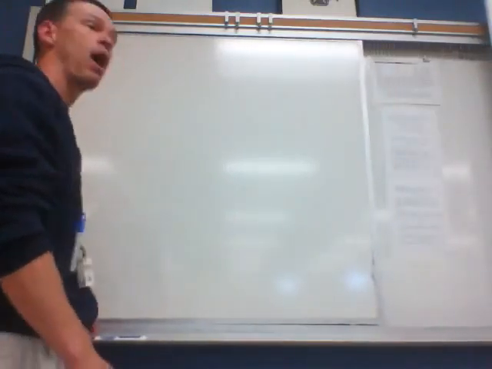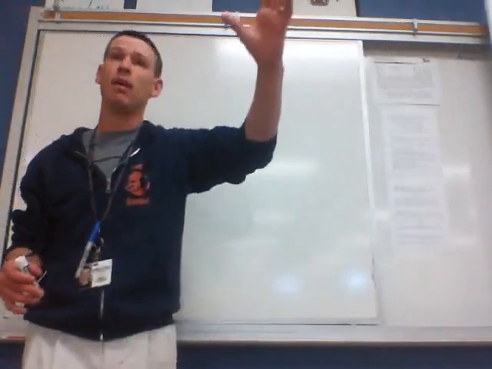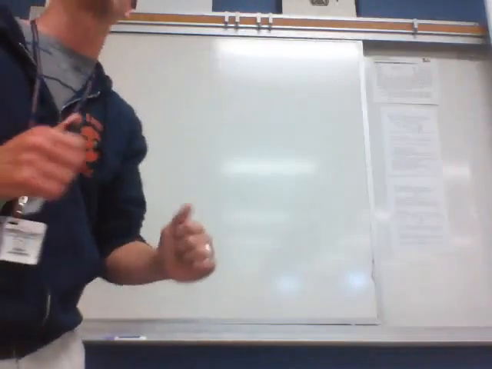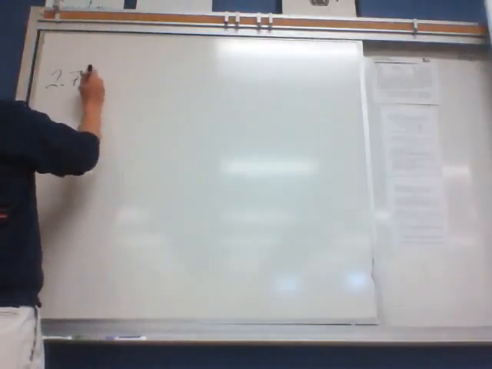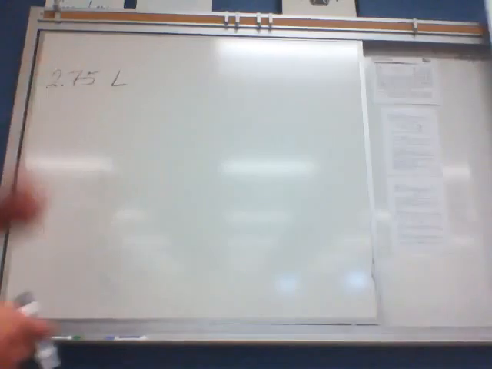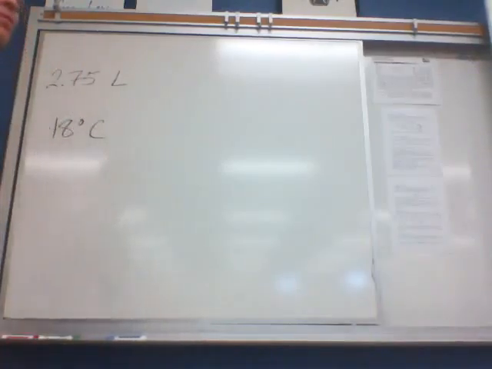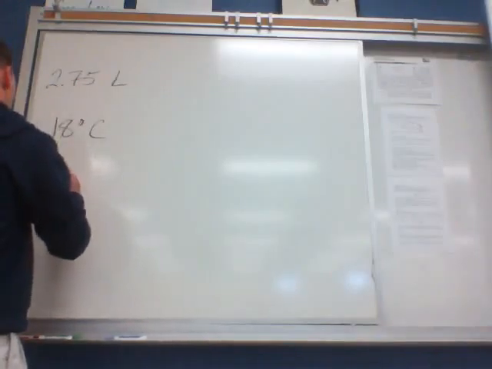Now, we're going to run this problem the way we run most math in here and start by extracting the numbers with their units. So work along with me, starting with 2.75 liters. That'll be my first guy that I pull out of the problem, followed by 18 degrees Celsius, and then 45 degrees Celsius.